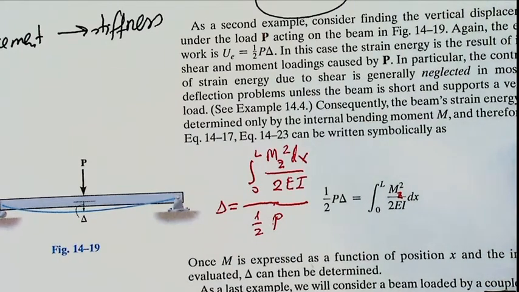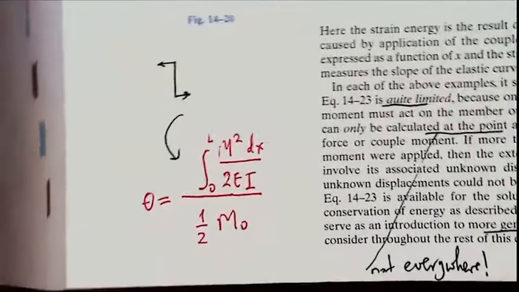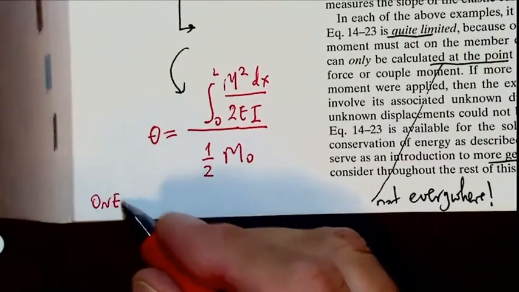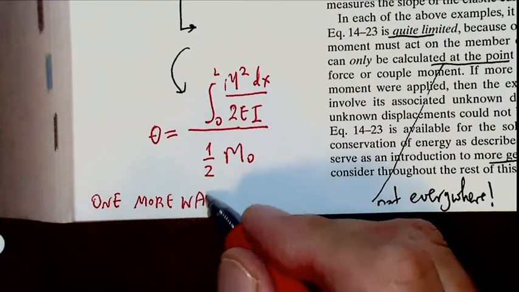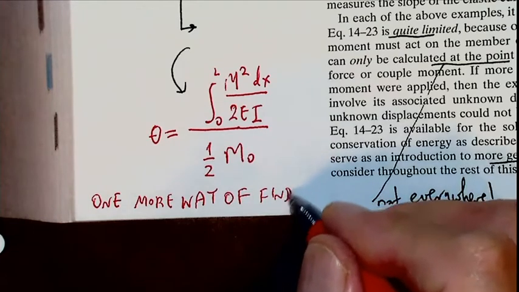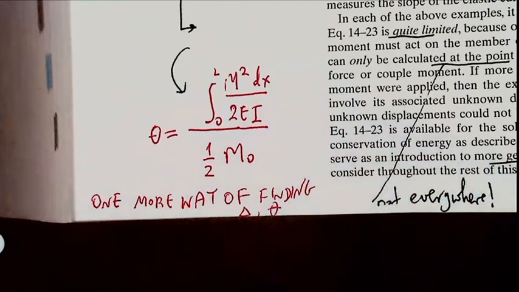Look, please, we already learned how to evaluate displacements or proper angles or slopes. However, that is one more way. So that is one more way of finding delta and theta.